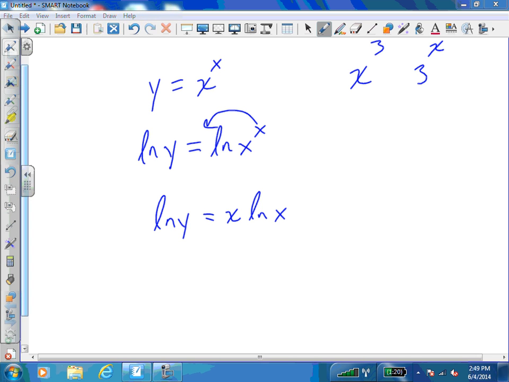So if we take the derivative of both sides with respect to x, the derivative of the left side, y goes on bottom, and the derivative of y with respect to x is dy over dx.